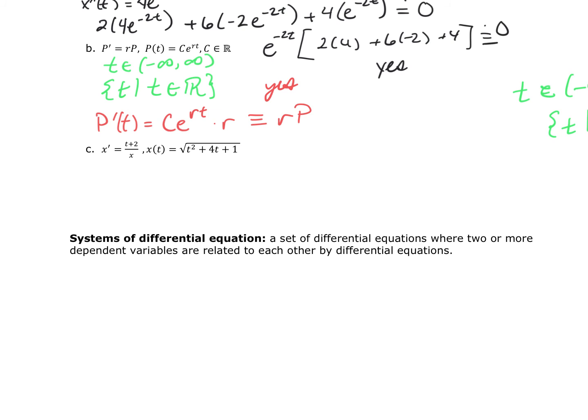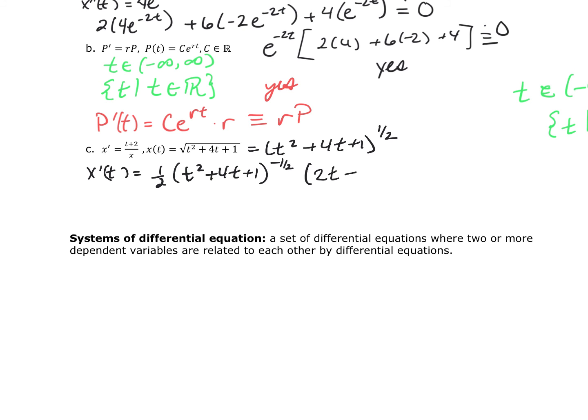So once again, we do our derivative. So we're going to do x prime of t. Now I'm going to rewrite this as t squared plus 4t plus 1 raised to the 1/2. I'm going to use the chain rule. Nice refresher of the chain rule. So it's going to be 1/2, and then t squared plus 4t plus 1 raised to the negative 1/2, because I'm using the chain rule, multiplied by 2t plus 4.